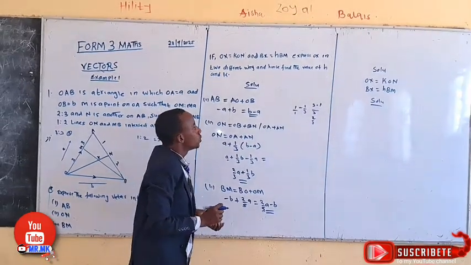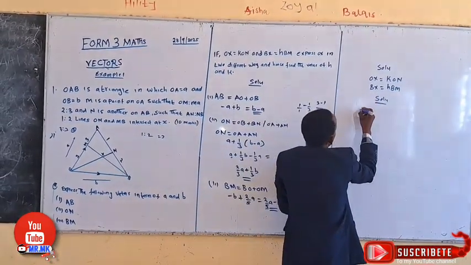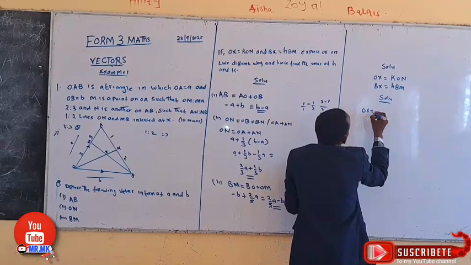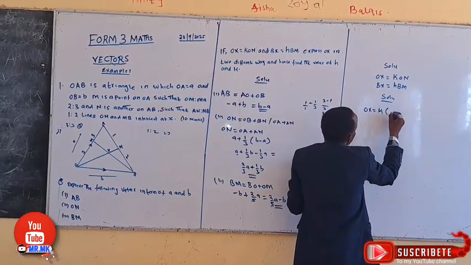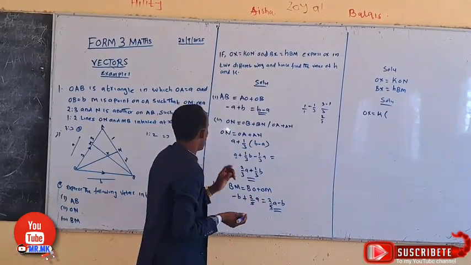For this case, you have to express this OX in two different ways. OX is K times bracket ON. What did I get for ON?